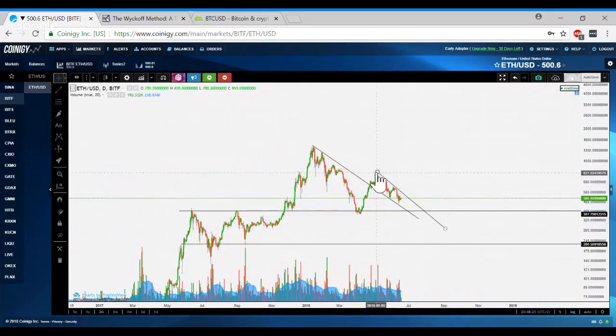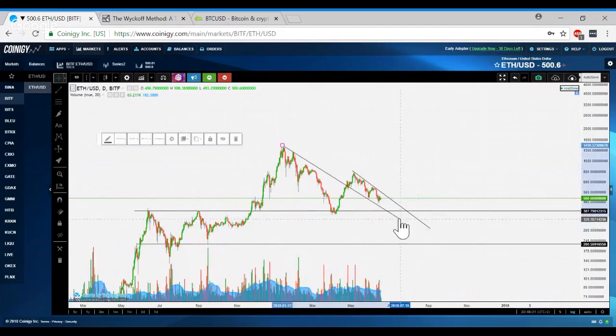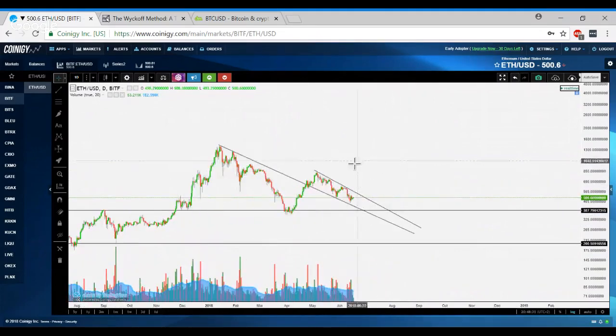Doesn't really look like much, in my opinion, but we might have a potential descending wedge forming here. Can't be sure until we're sure. This wedge should not break support. I will just mark support in green, 400 USD.